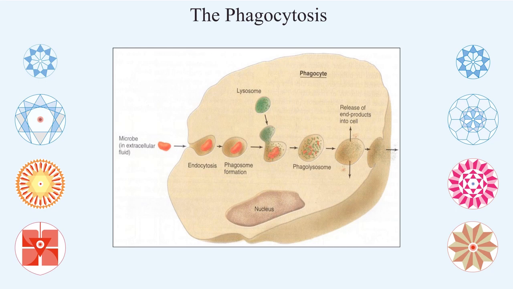They are 2 in 1. And then they further get a release of the end product into the cell. They break down and are thrown out through exocytosis. This is something which I want everybody to understand, how this whole process of phagocytosis takes place within the cells.